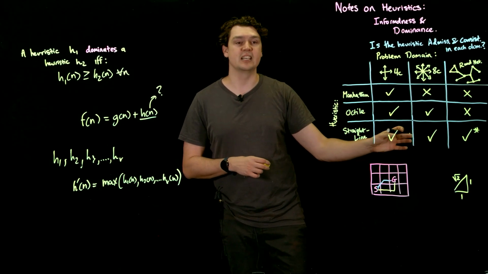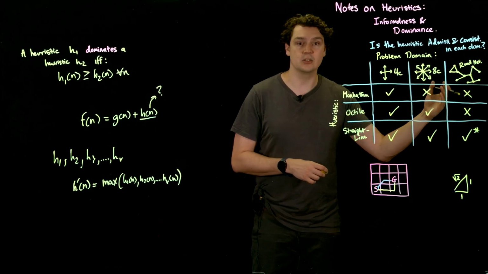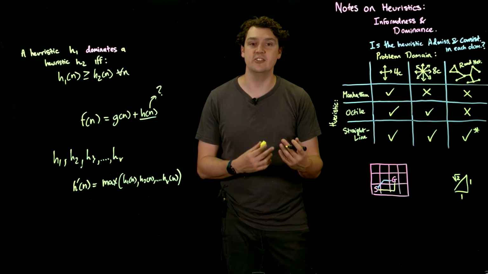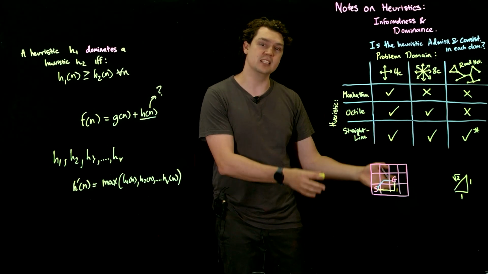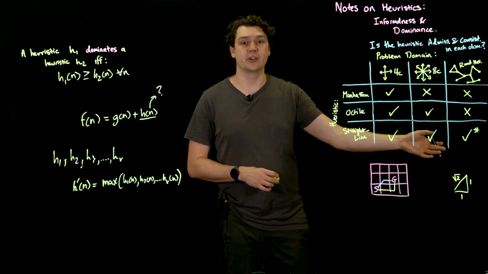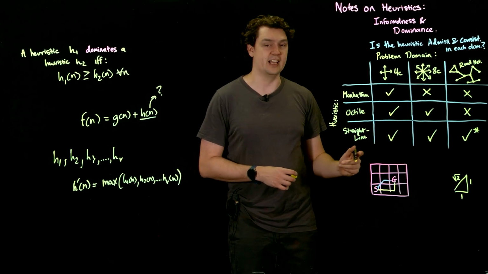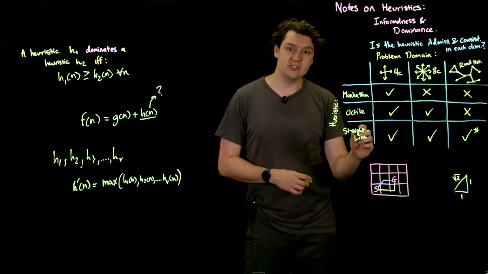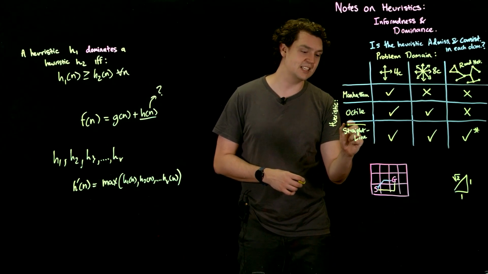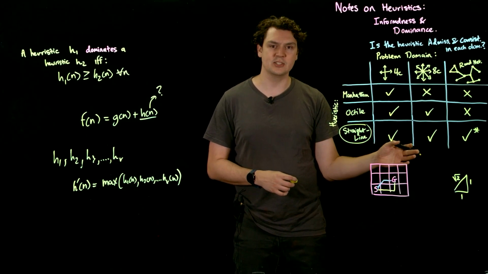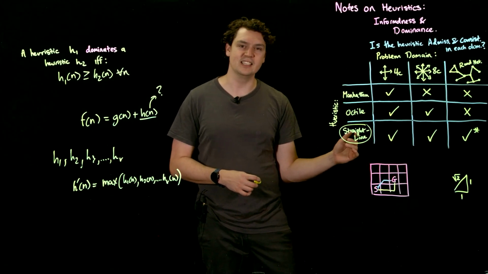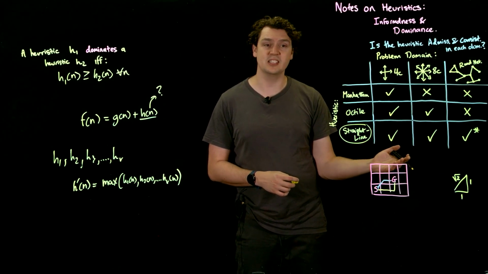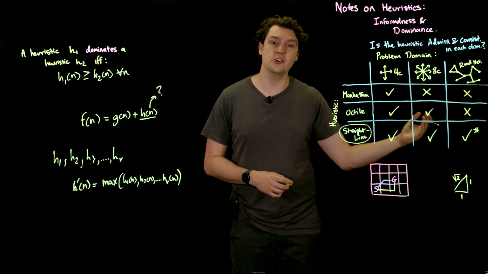So maybe I'll put a bit of an asterisk there. But in the case that the road network is defined in terms of edges having costs equal to distance, then we work. So all of this comes back again, right? Wow, strangely, the straight line distance here has checked all of our boxes. It is admissible and consistent in all 3 of the domains.